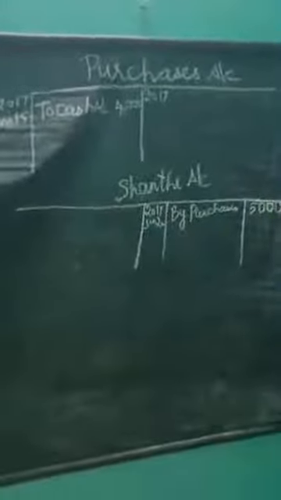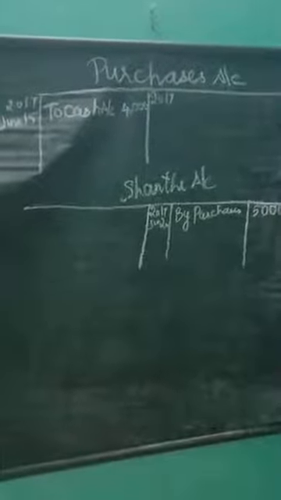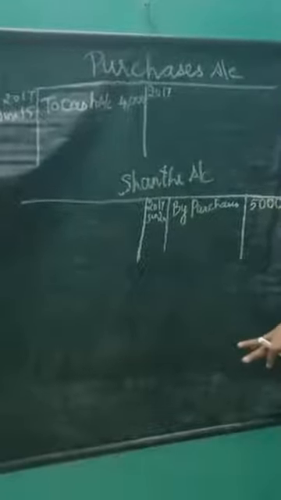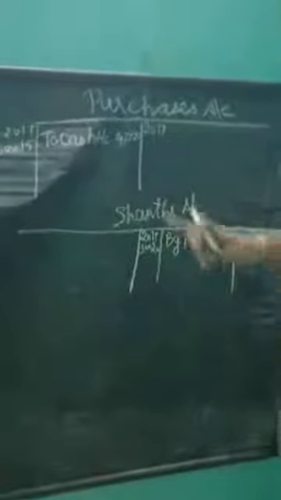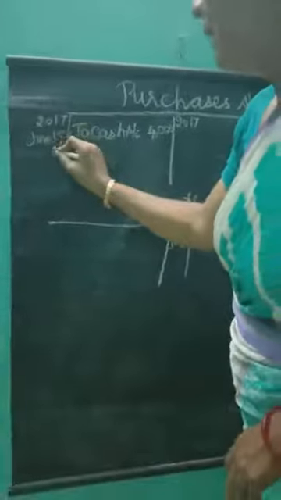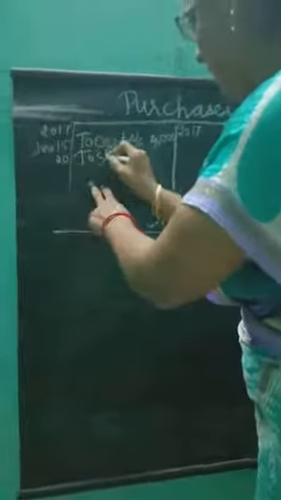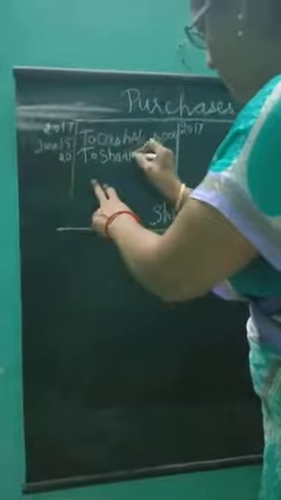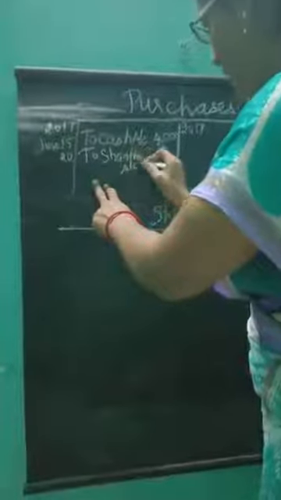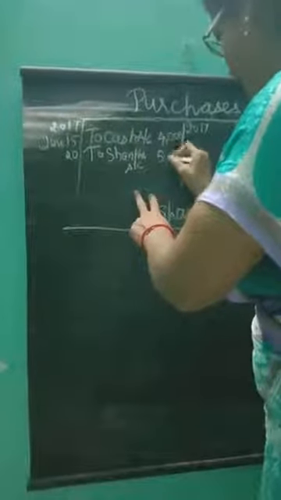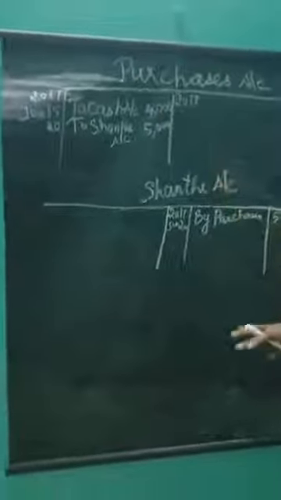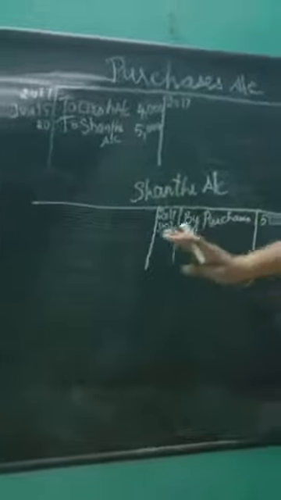Then next, in the purchases account we want to bring it. In the Shanti account we have written, and in the purchases account we have to write June 20, to Shanti, as it is a credit purchase, to Shanti account rupees 5,000. So we have posted. This is how we are going to post it in the ledger.